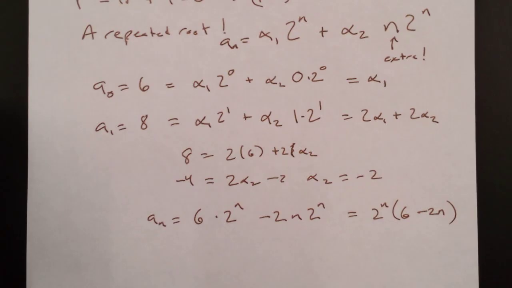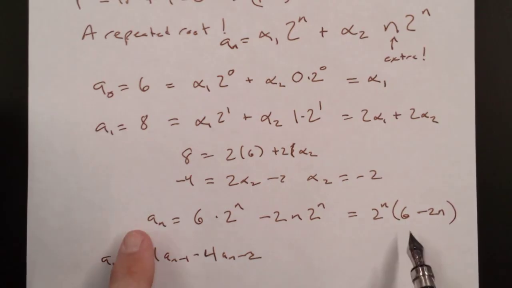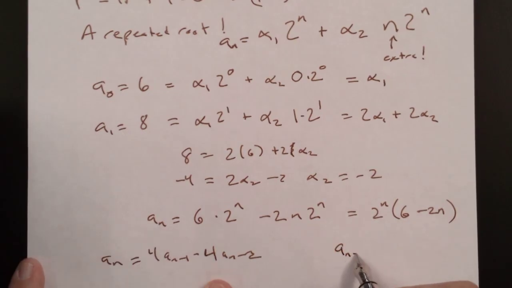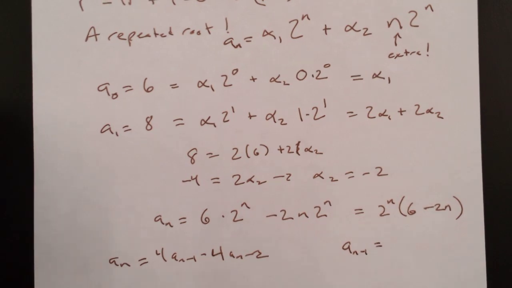What do you mean check it the hard way? That's my recurrence relation, yes? This is our expression for A_n. So what is A_{n-1} using this formula?